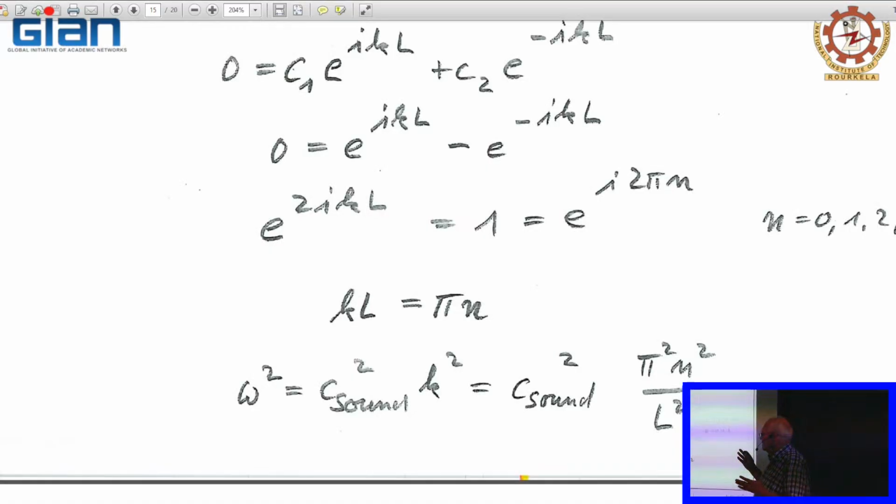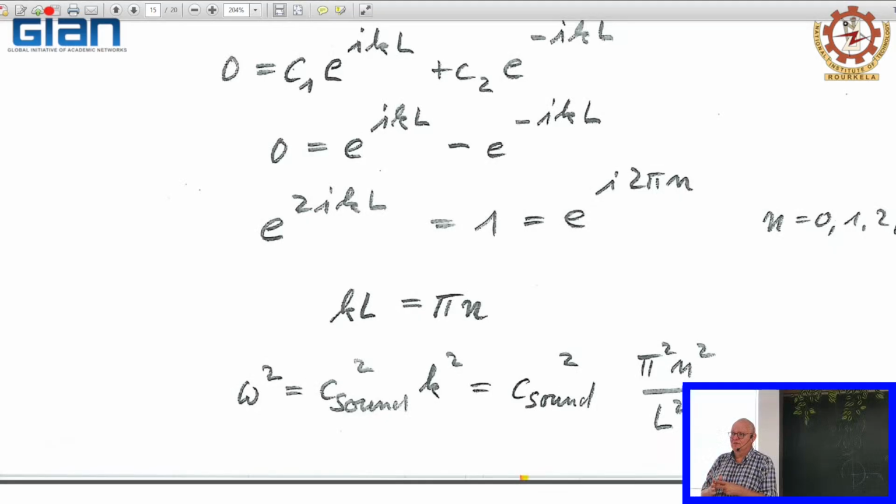That means the system has a solution only for an infinite number of discrete values of the wave number k. k can take on values pi times n over L.